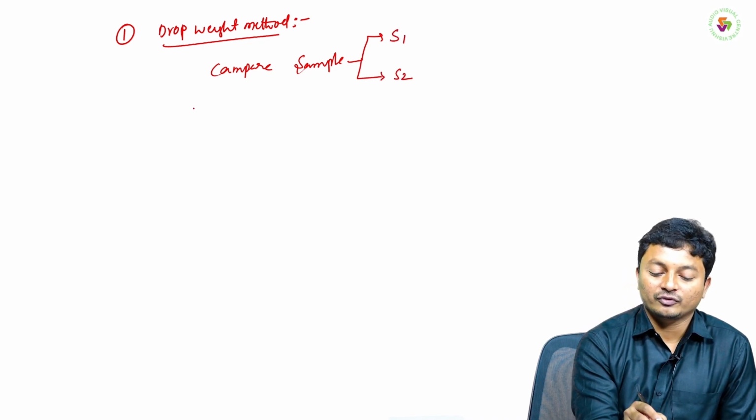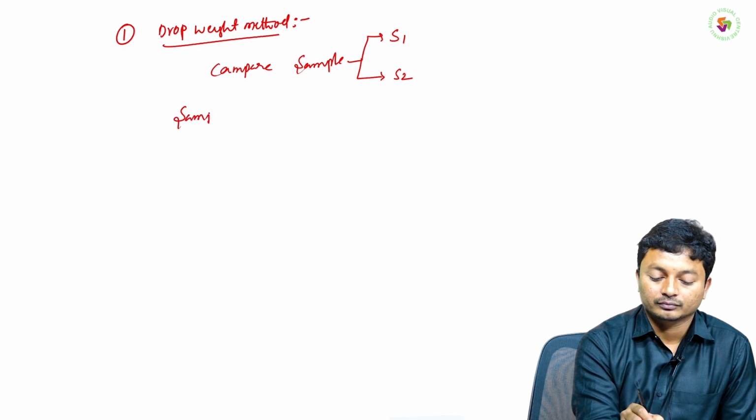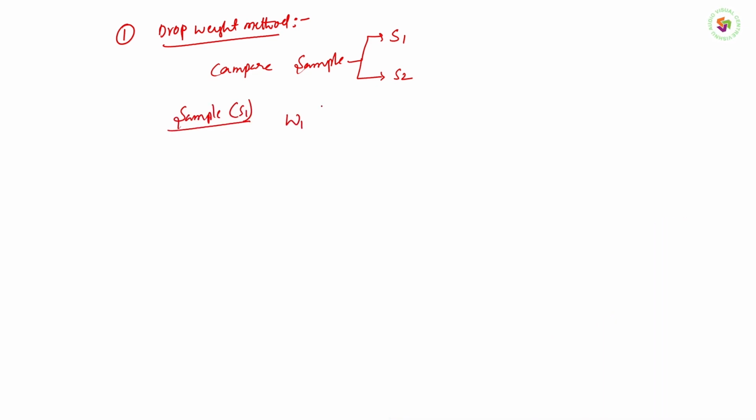So in case of sample 1, that can be written as W1 is equal to 2 pi r gamma. So the gamma 1 can be written as W1 upon 2 pi r. Let us consider this is equation number 1.